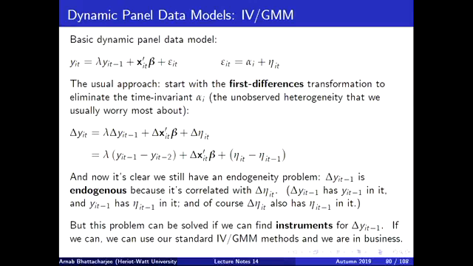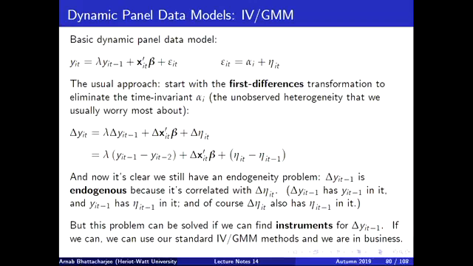Back to our usual model. Let's now start with first differencing. Del yit is this term, del yit minus 1, and this term. Unfortunately, these two are correlated as well.